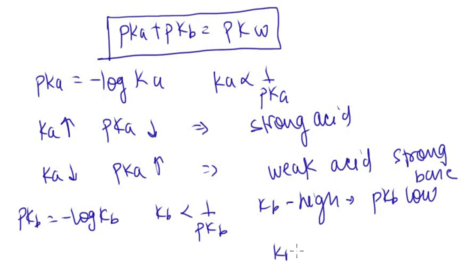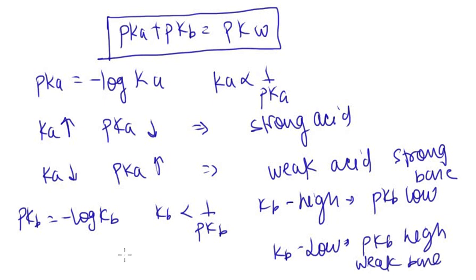If Kb is low, pKb is high, and it is called a weak base. What is the categorization, the limiting value of K? Whenever K is greater than or equal to 1, we call it a strong acid and put it in the category of strong acid.